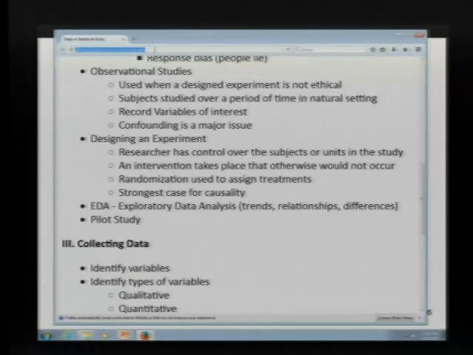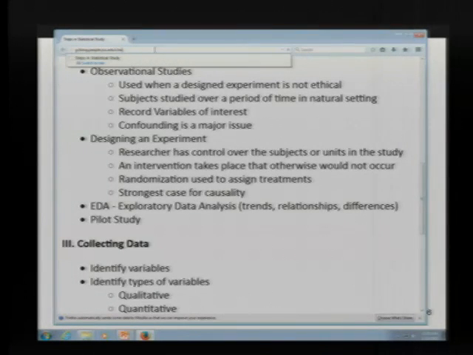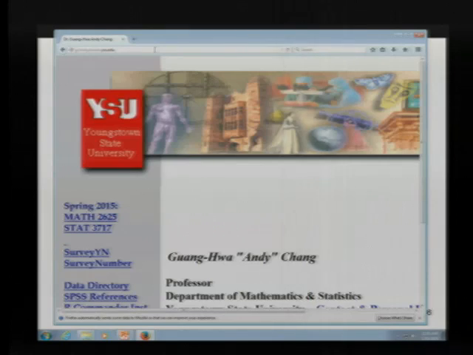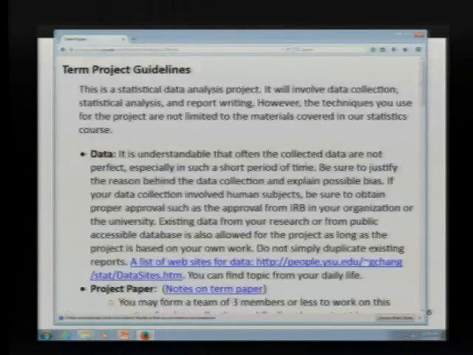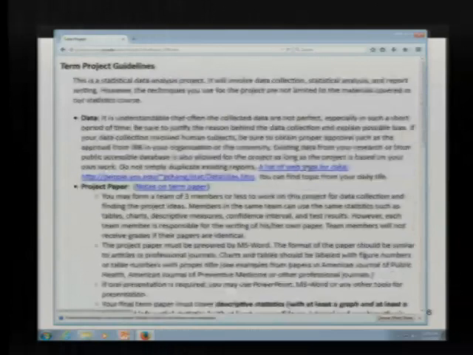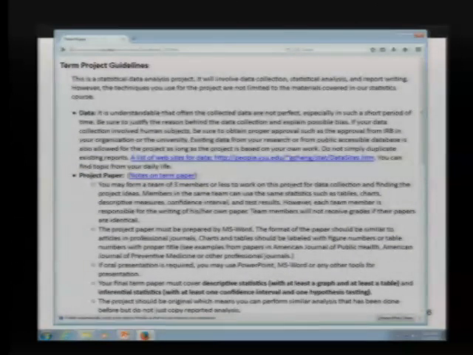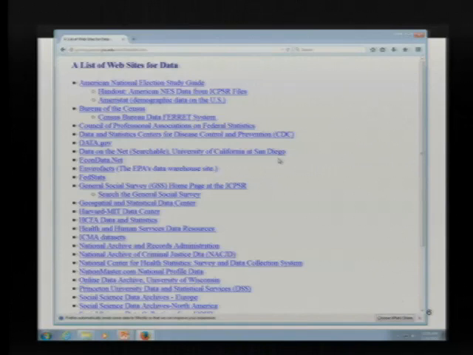Let me see, maybe I can go to my website. So this is our term project page. I've shown you this last time. When you go home, I encourage you to read about it. This is a page I created.